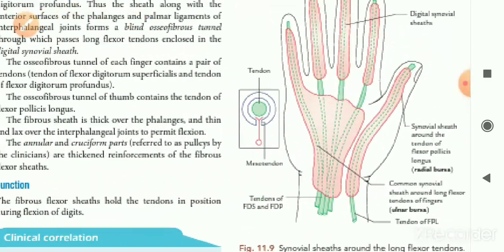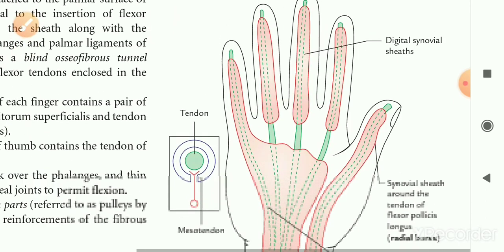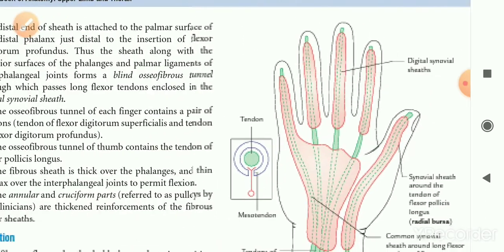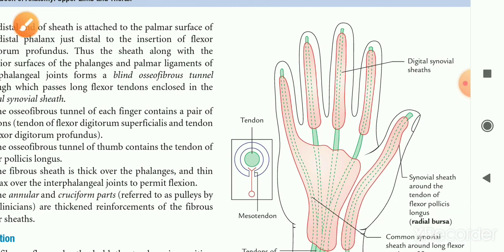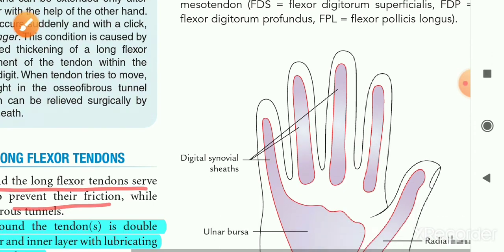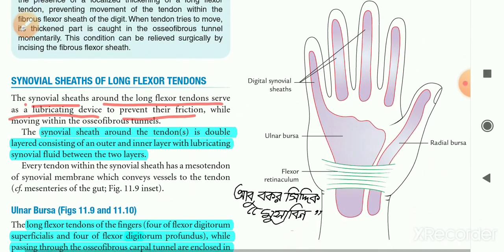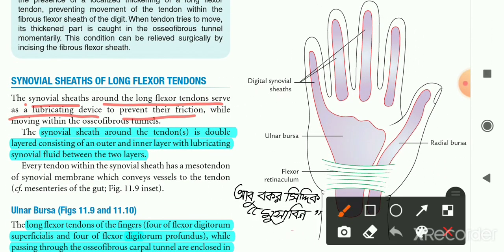Now we should know the clinical importance of it. While we prick the tip of a finger for collecting a blood sample for blood grouping or something else, we should prick the medial 3 fingers.